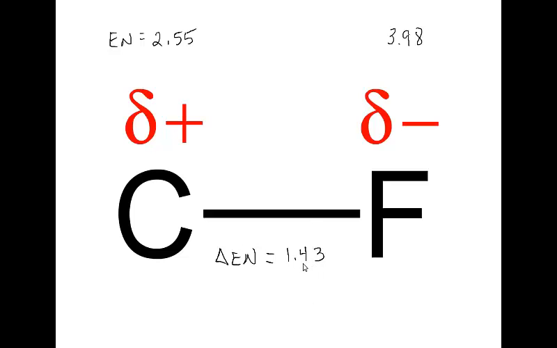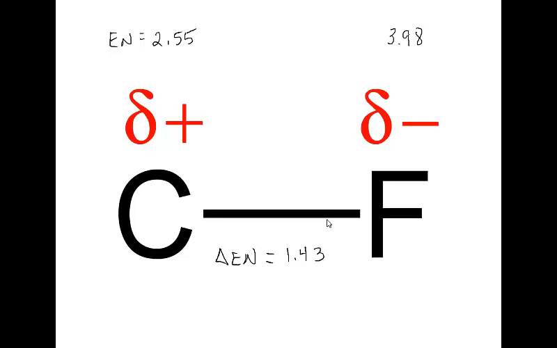All right, so here's an example. Carbon has an electronegativity of 2.55. Fluorine has an electronegativity of 3.98. Carbon and fluorine are both considered nonmetals, so you would categorize this based on position on the periodic table as a covalent bond, which is correct.